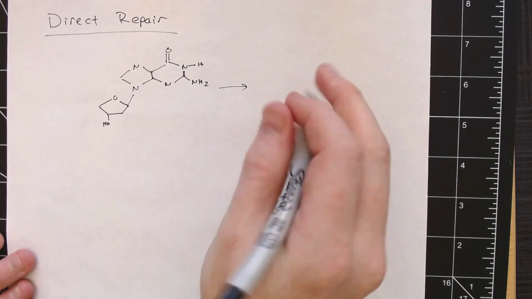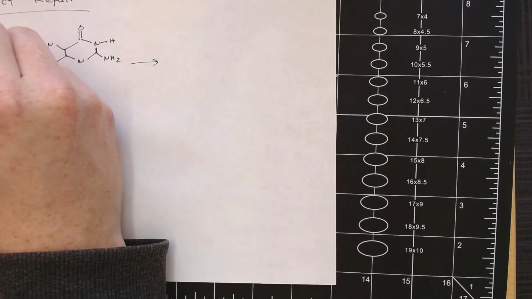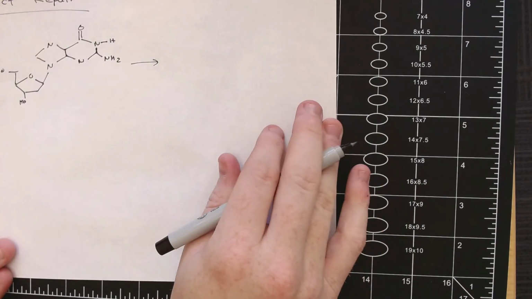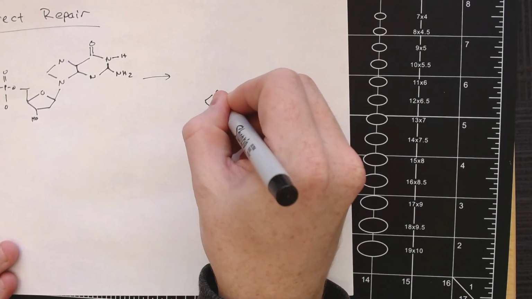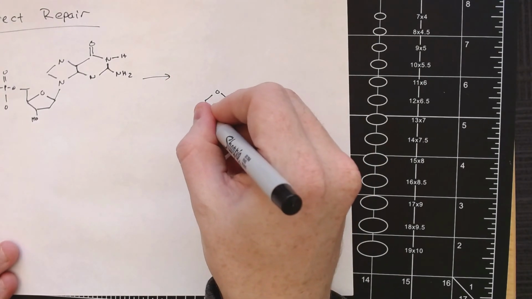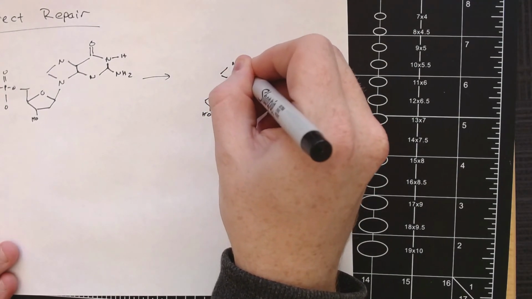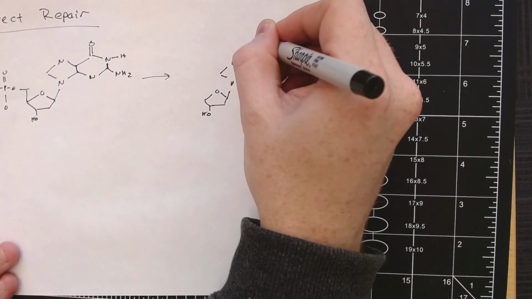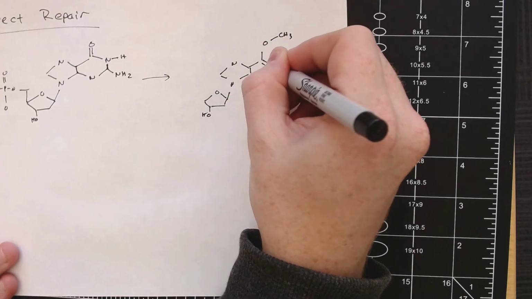Okay, and if this were to be alkylated, sorry, let me finish that. And if this were to be alkylated, let's put it on the O6 position here. So now we've got, say, a methyl group here.